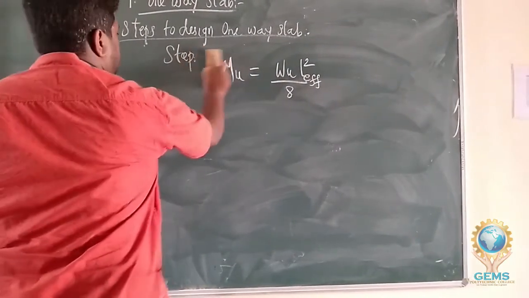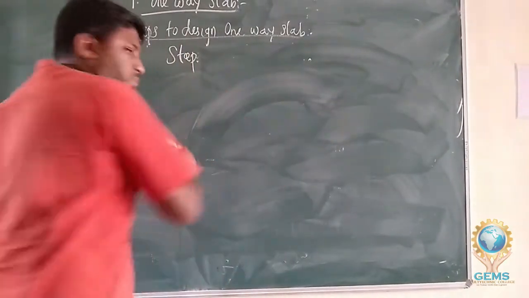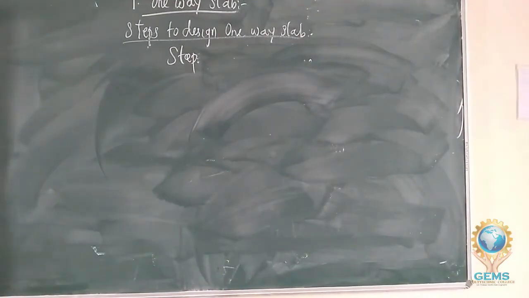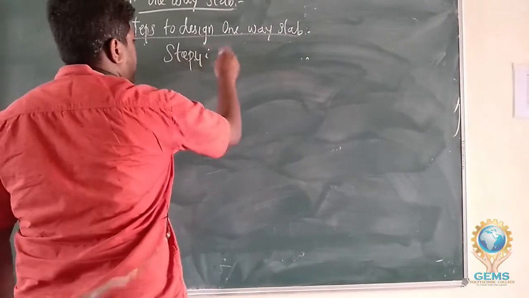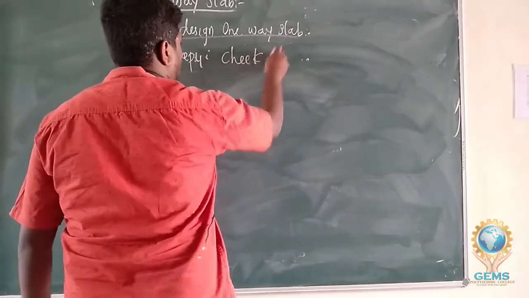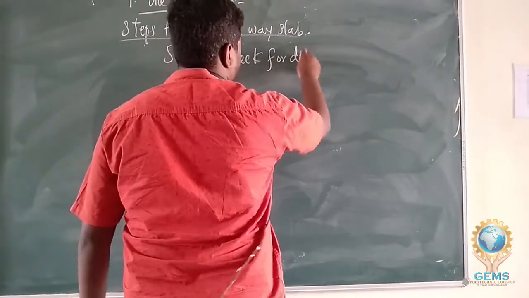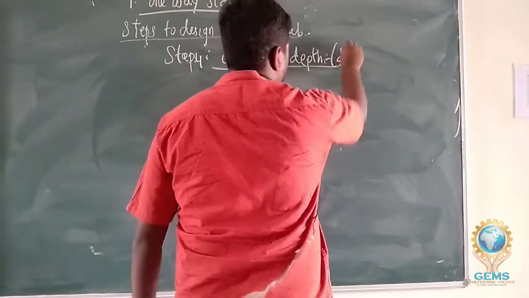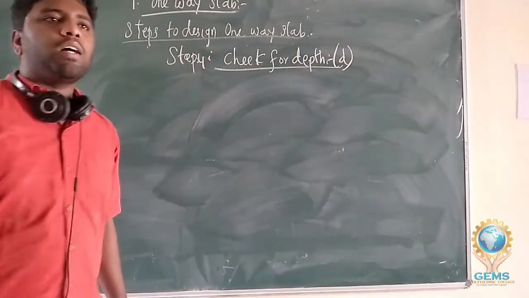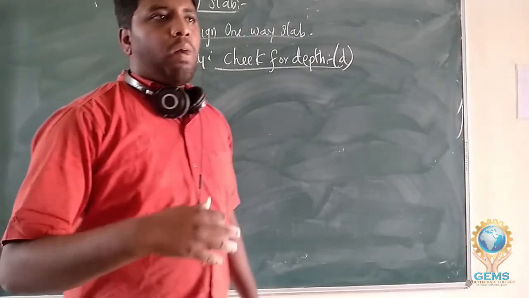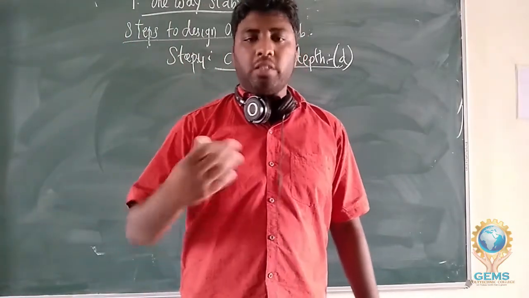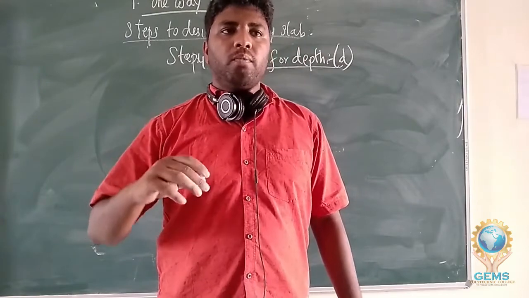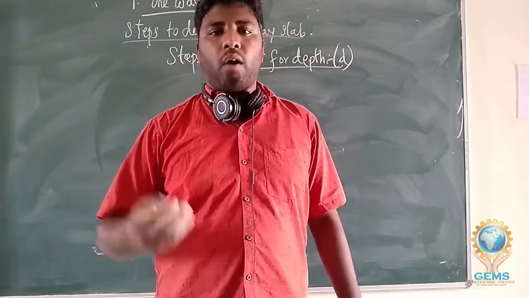Next is step number 4, which is check for depth. You are going to check whether the calculated depth is correct, or you must change it, or take another depth for the coming load.